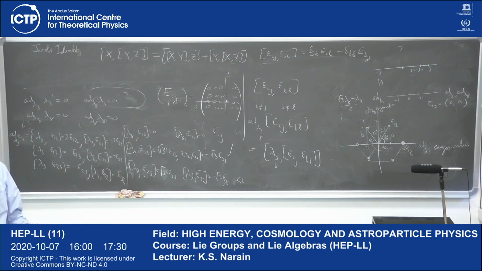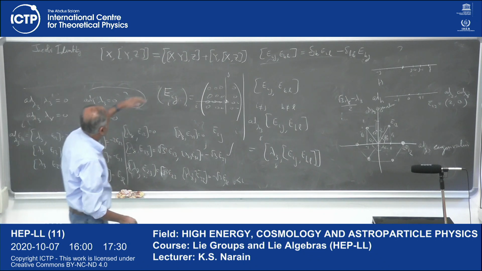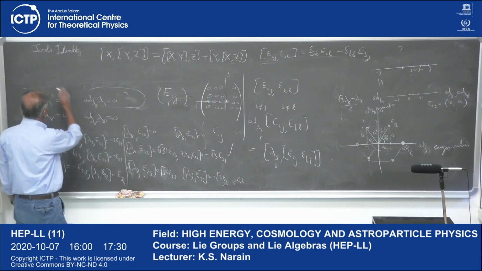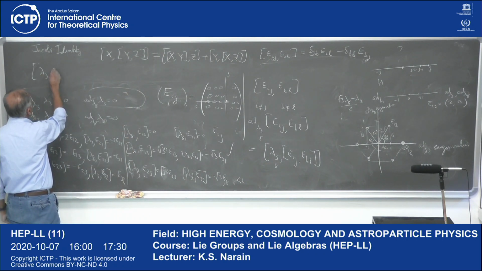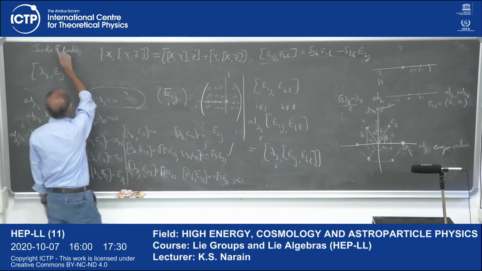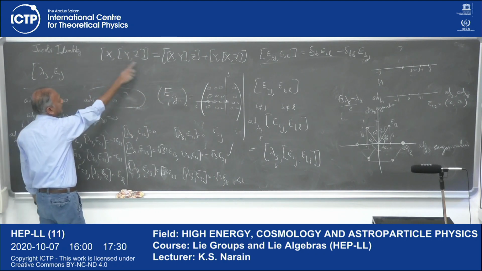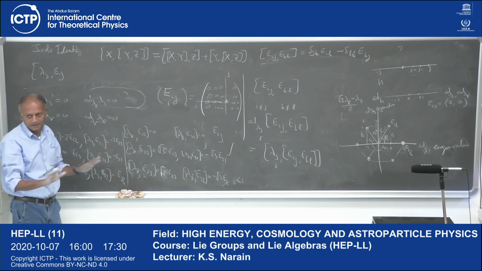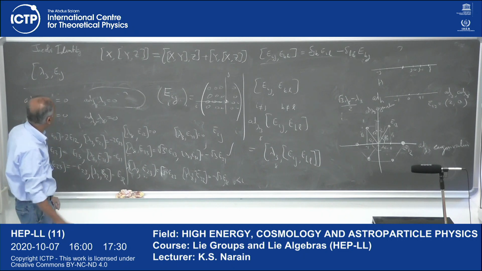But it's easier to remember. Now, please check that the standard cyclic Jacobi identity implies this. The content of this equation and the Jacobi identity is identical. There's no difference. It's the same content.